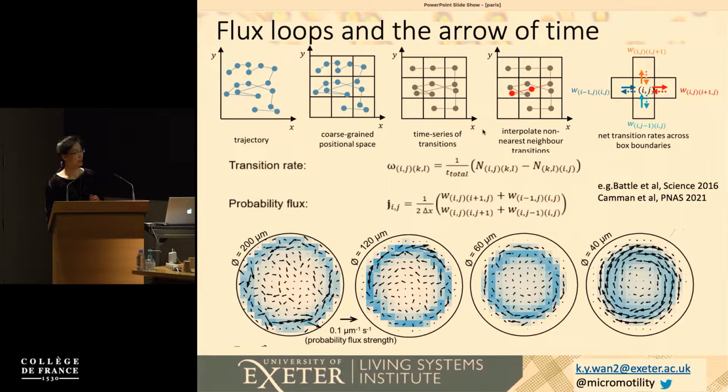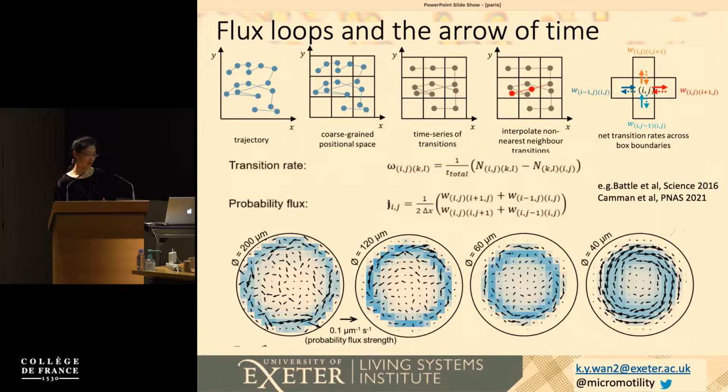So you build up a picture of this over time, and then you can scale this by the size of the box in order to convert from a transition rate to a true probability flux. And this is a technique that has been adopted in many other systems consisting of living organisms or living cells.